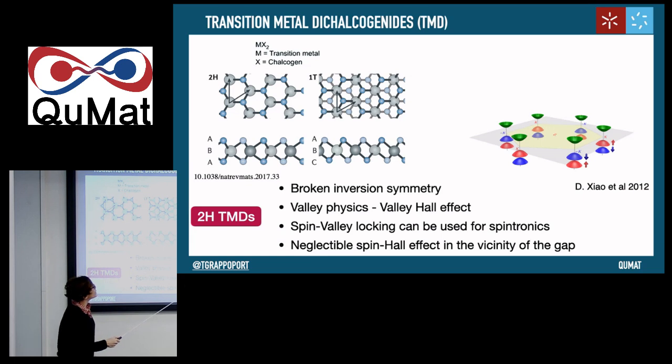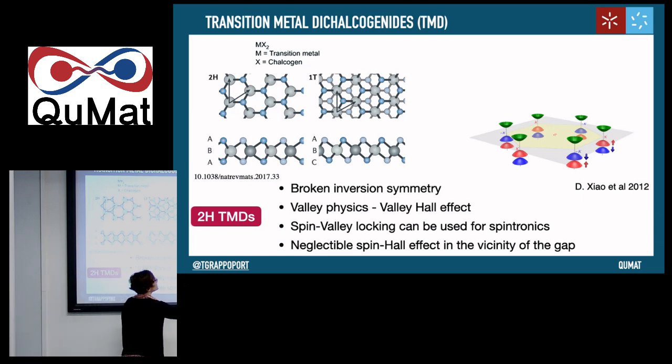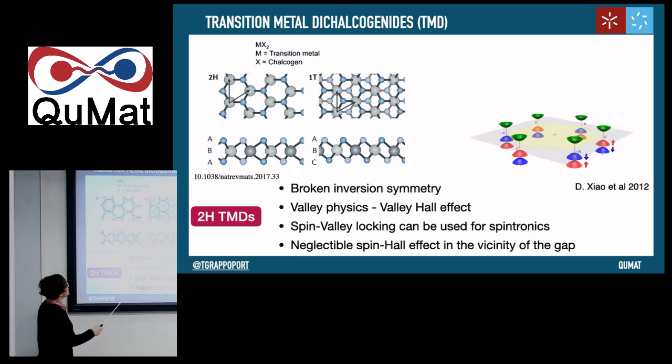And because of the spin-orbit coupling, if you look at the top of the valence band, it's spin polarized, and the sign of the polarization depends on which valley you are looking at, which means that you have an effect of spin-valley locking in TMDs. And this can be used in spintronics and opto-spintronics, but they don't have spin Hall effect in the vicinity of the band gap.